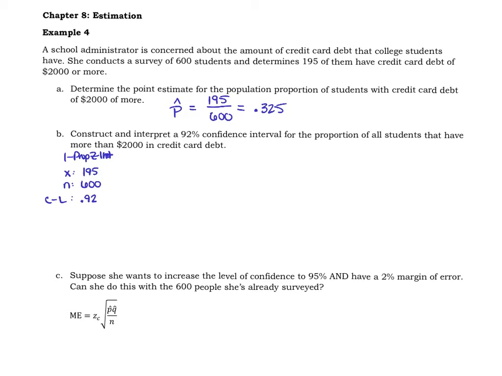Go ahead and get that all into your calculator. And we find, rounding to 3 decimal places, that the confidence interval is 0.292 as a lower boundary and 0.358 as the upper boundary, again with our 32.5% smack dab in the middle.